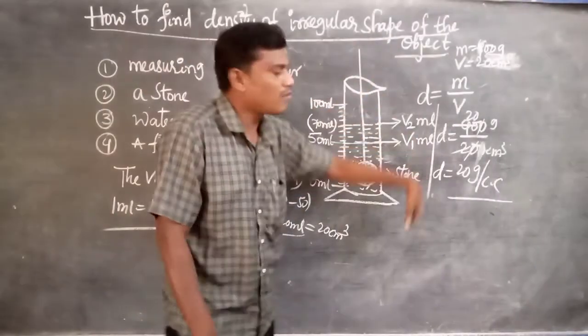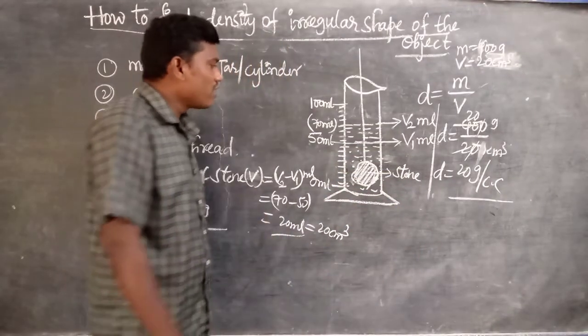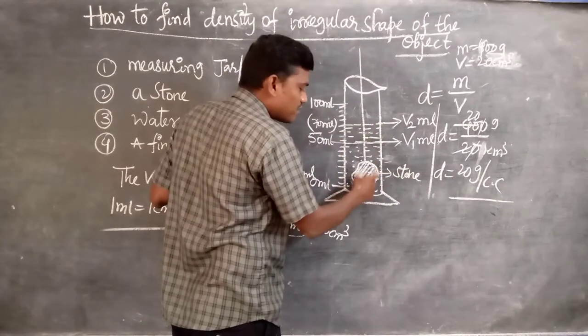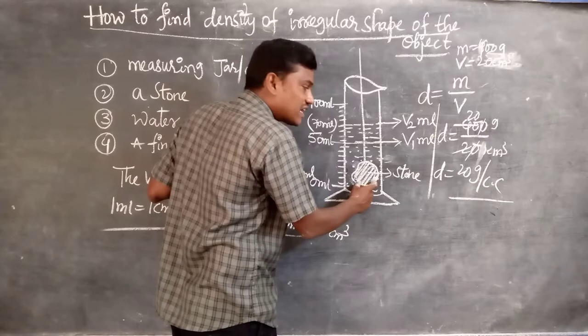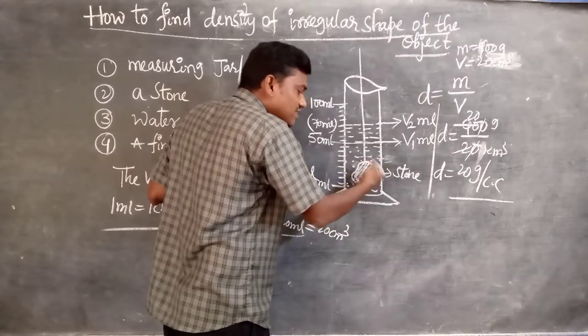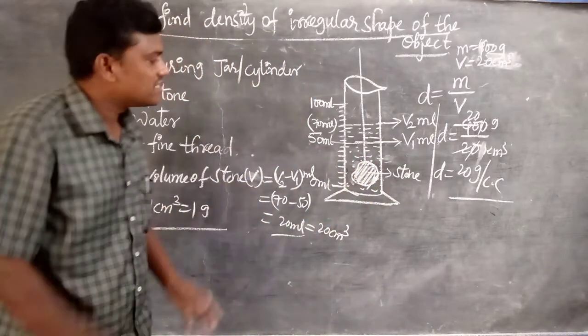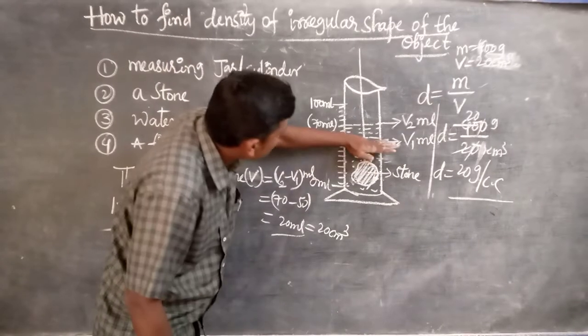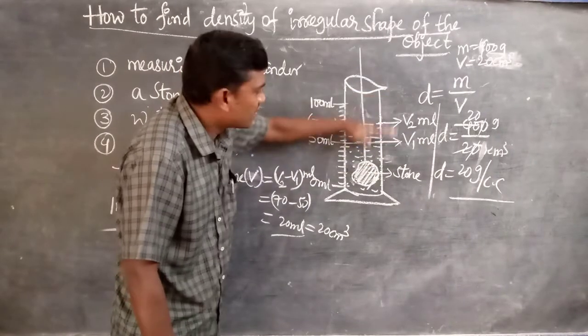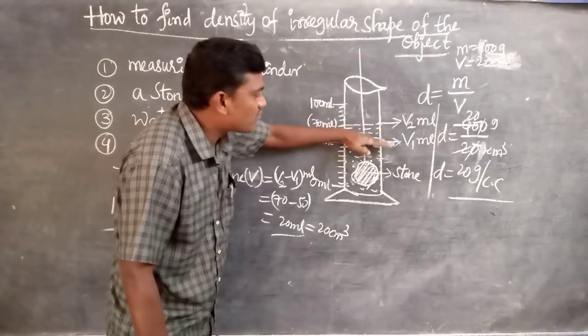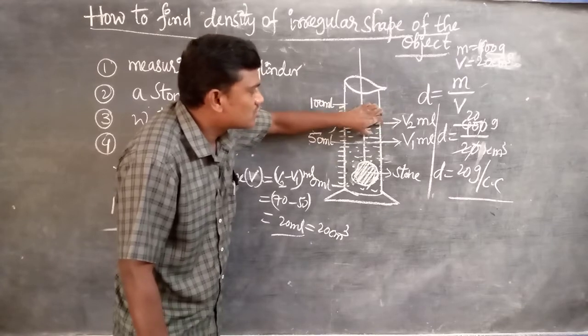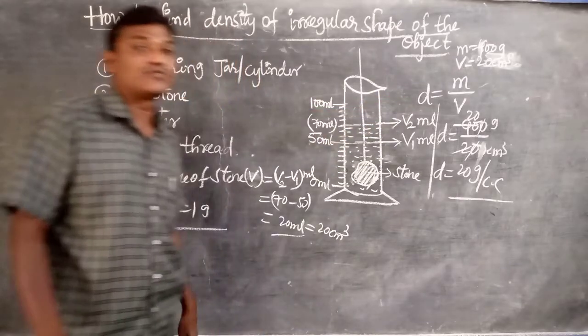Splash is nothing but water coming outside. So when it is slowly and gently immersed into the water completely, the stone occupies some volume inside the water. The level of the water rises, and its volume is noted as V2.